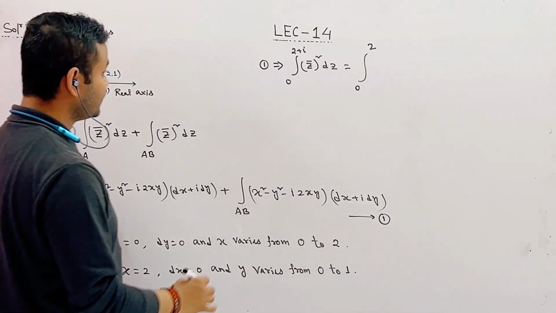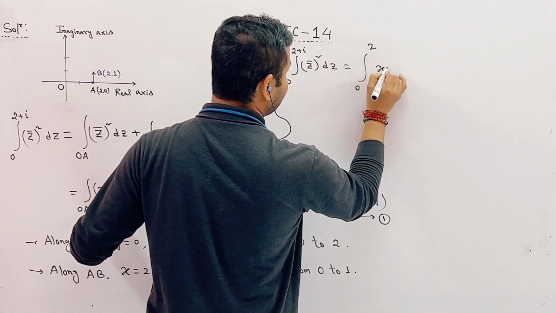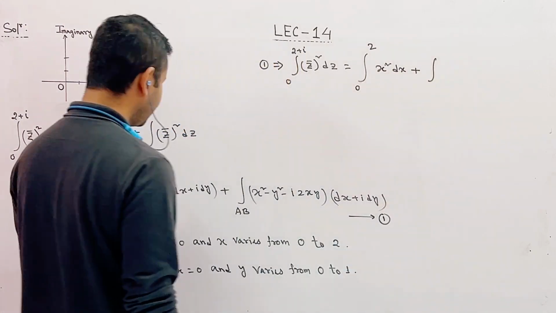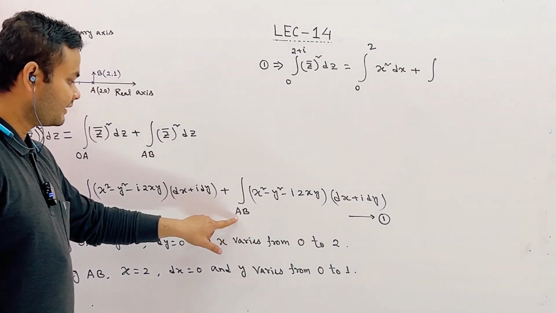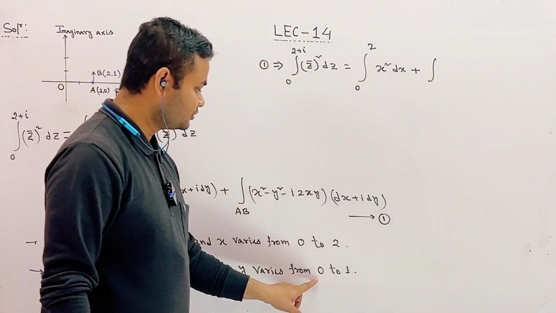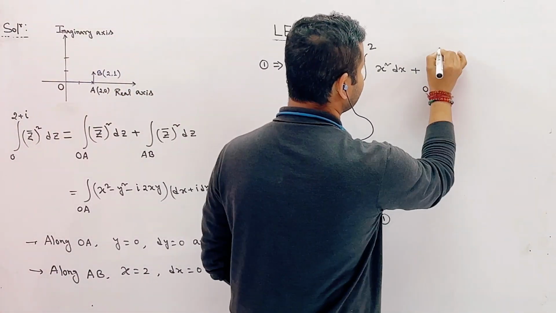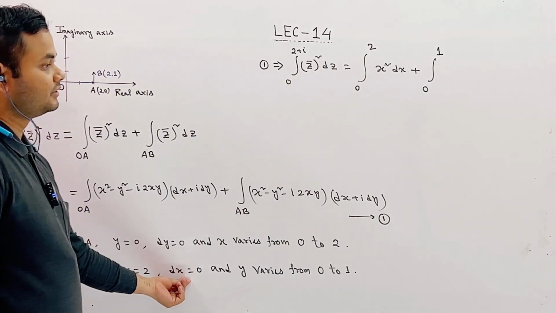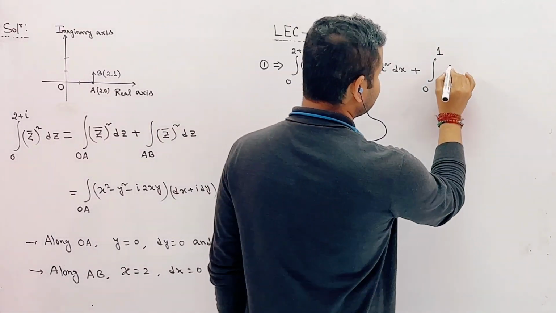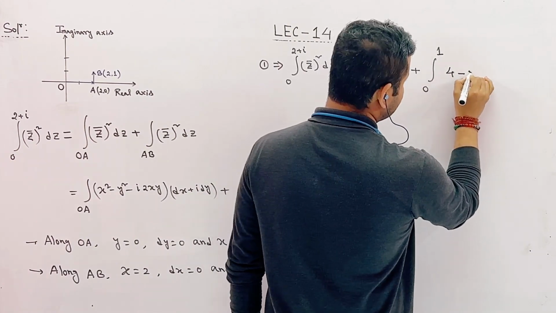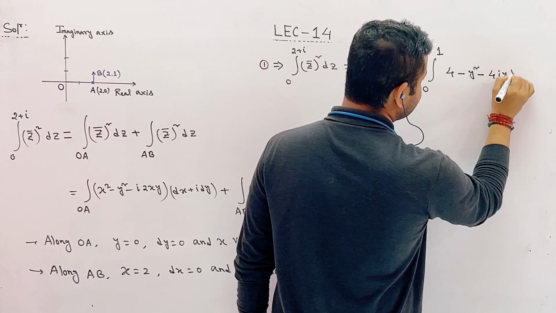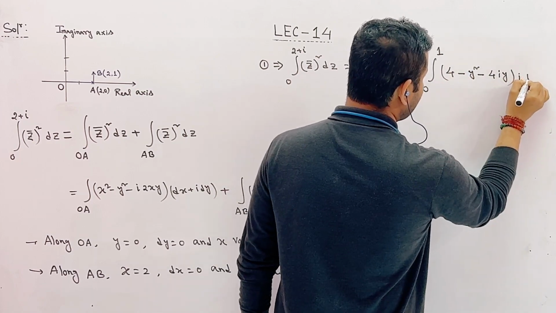So, finally, we will get x square dx plus the integration along path AB. Along path AB, the limit is from 0 to 1 and x equal to 2 and dx equal to 0. So, finally, we will get (4 minus y square minus 4 iota y) into iota dy.